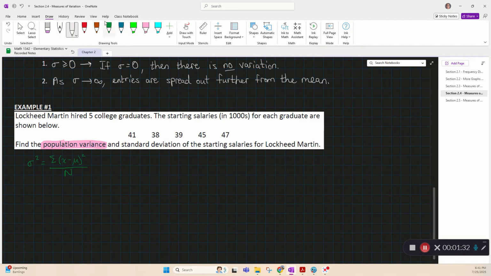So let's figure out what mu is, because I need that to plug into my formula. Mu, we know we have to take the sum of the x's divided by how many there are. 41 plus 38 plus 39 plus 45 plus 47, all divided by 5.